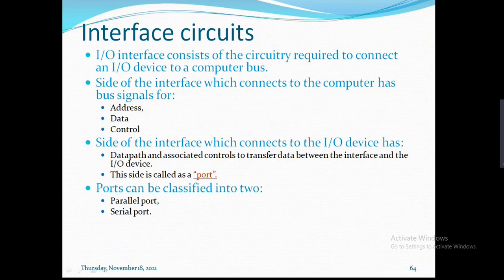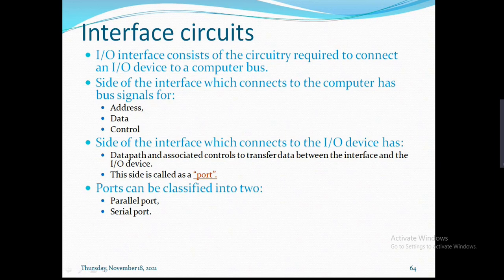Third one, contains the address decoding circuit to determine when it is being addressed by the processor.